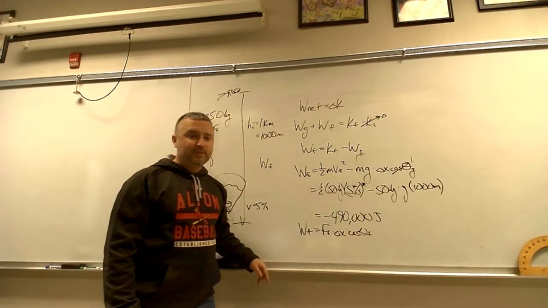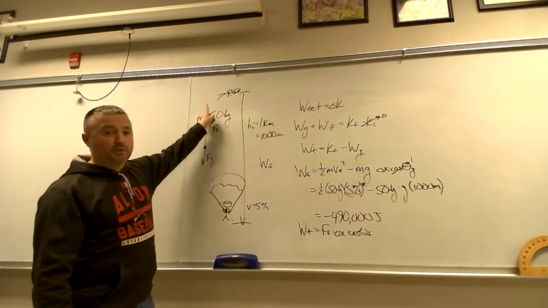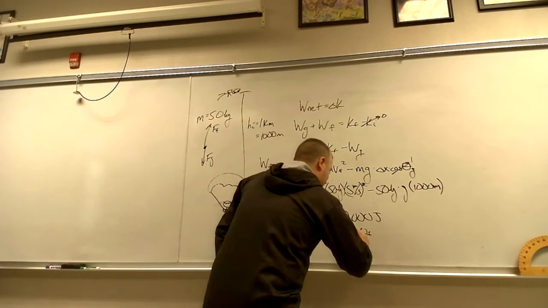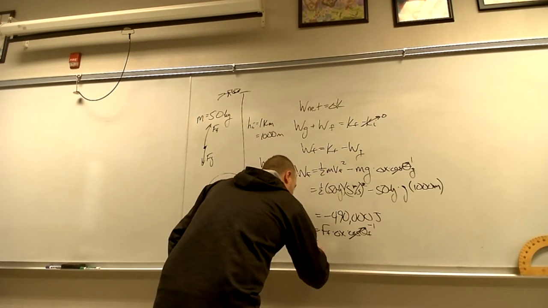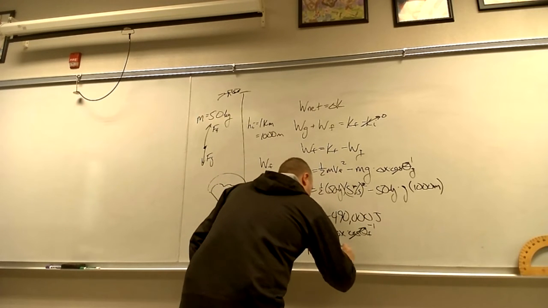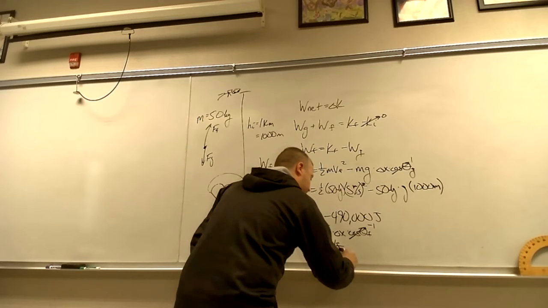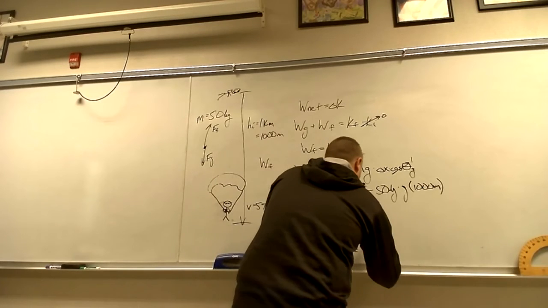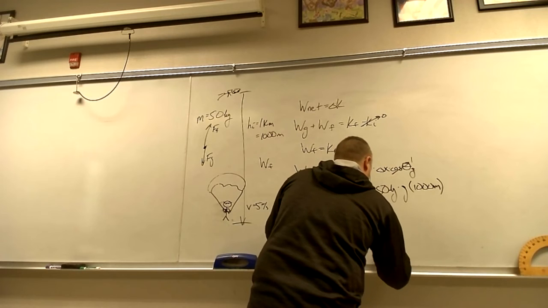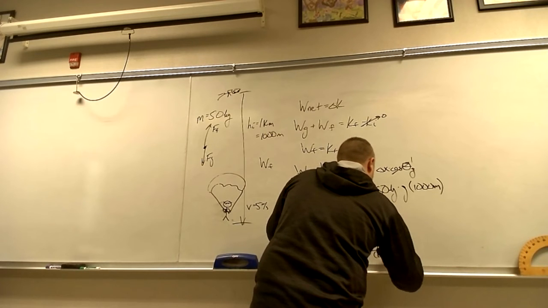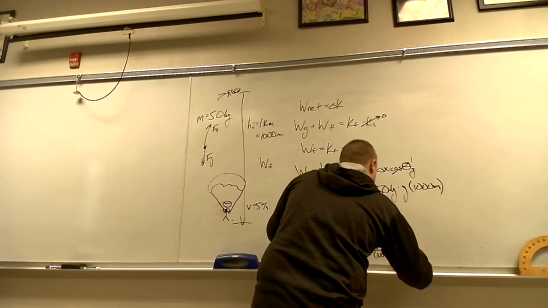This angle, by the way, since the object is going down and friction is going up, would be 180, making that -1. So we have force of friction should equal work of friction over displacement, times -1. That would be negative 490,000 joules divided by displacement of 1,000 meters times -1.